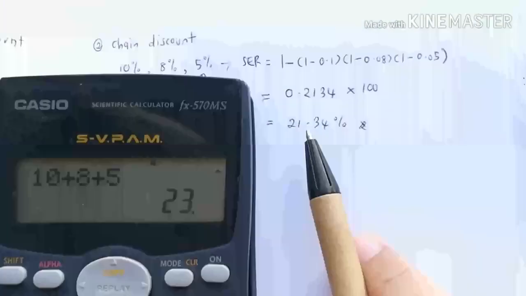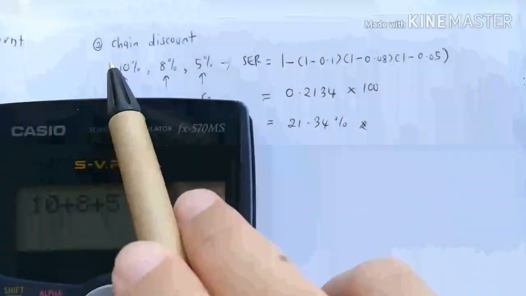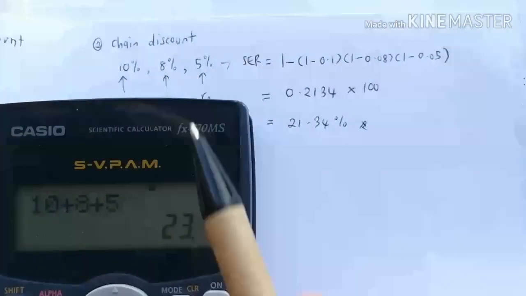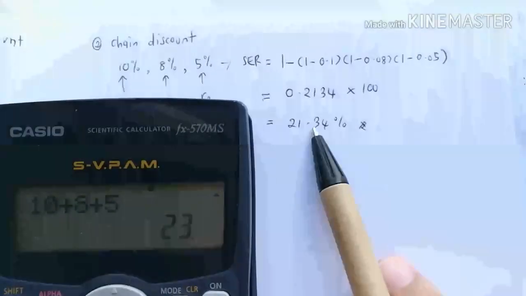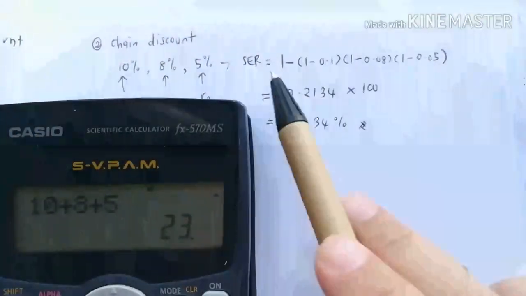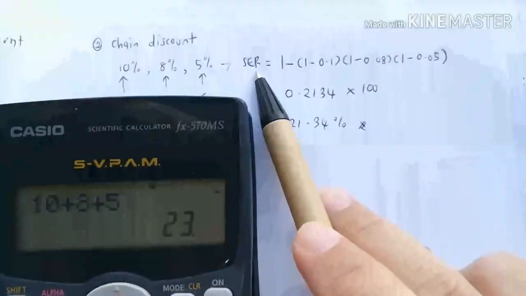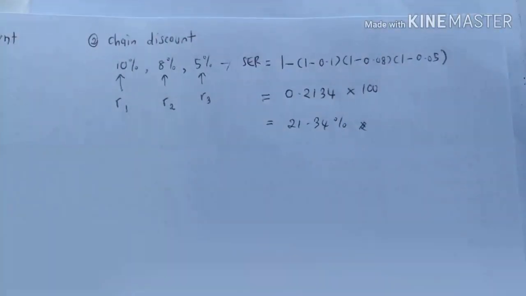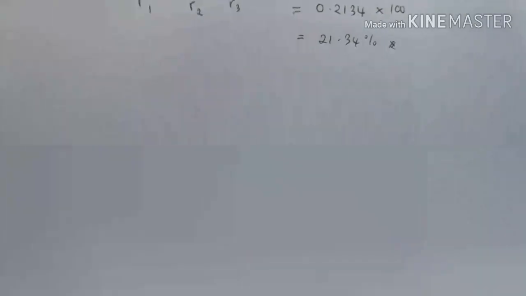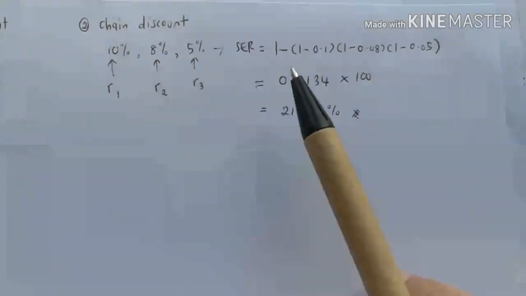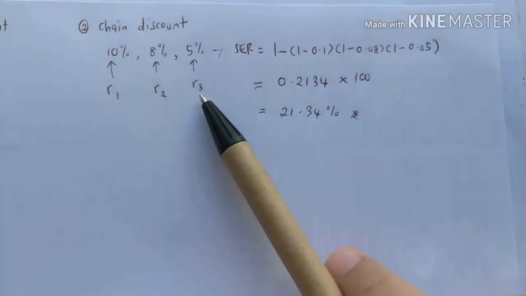But it is shown that the 3 chain discounts here are not equal to 23%, but actually equal to 21.34%. So this is the use of the SER formula, single equivalent rate. I'm going to explain this further in the next section.